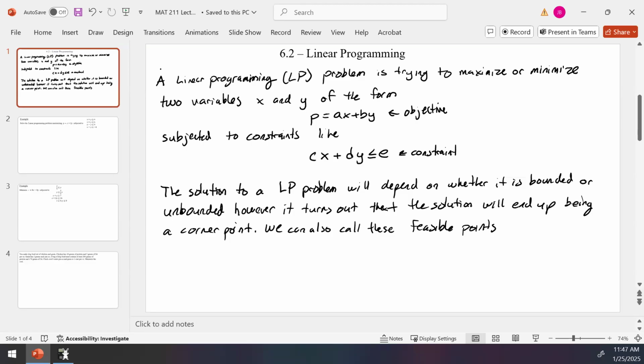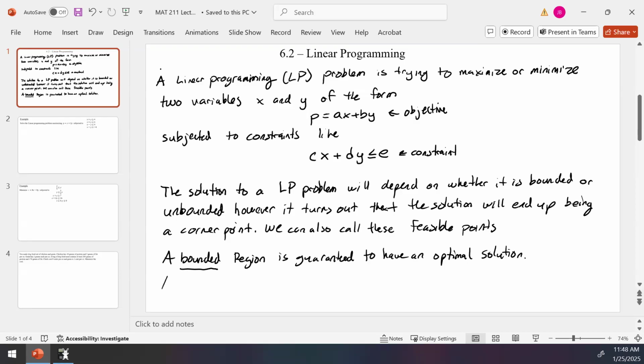And it turns out that if you have a bounded region, just to emphasize, a bounded region is guaranteed to have an optimal solution. An unbounded region is not guaranteed to have a solution.